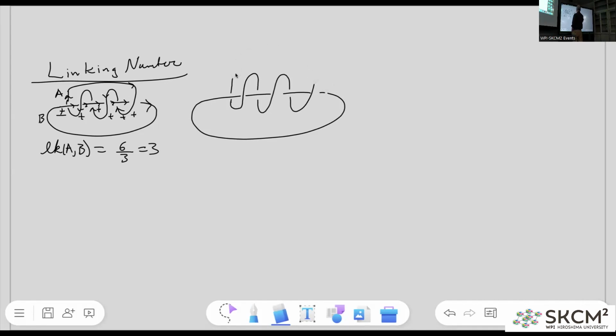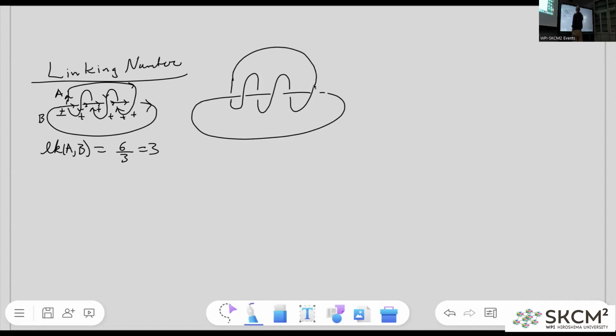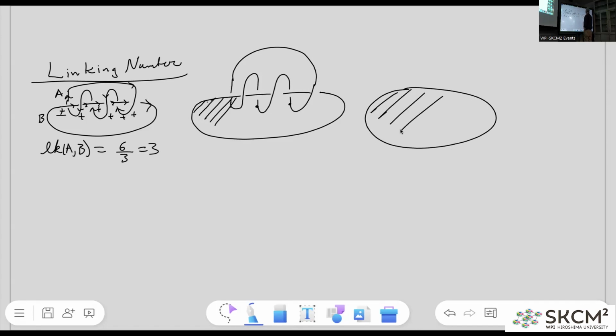That should be the same as what I had before. But now I want to think about it a little bit differently. What I want to do is think of a surface that bounds one of them. Maybe I should draw this in a different way so it'll be easier to see. I want to think about a surface bounding one of the components.